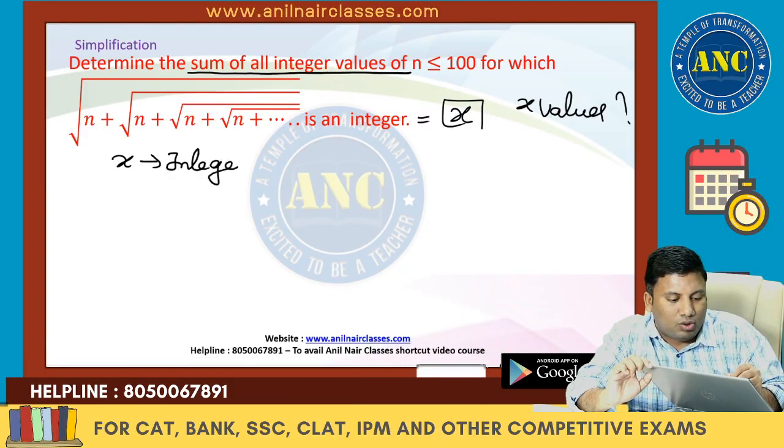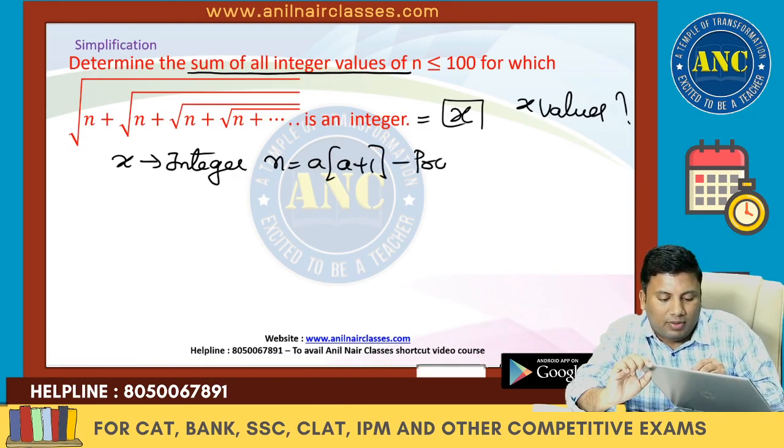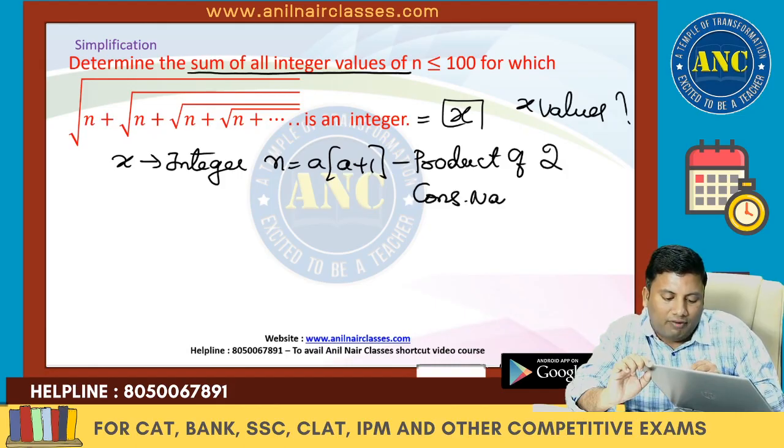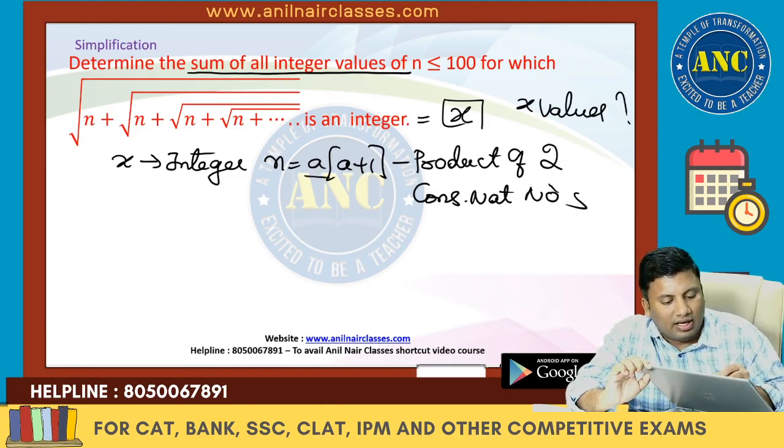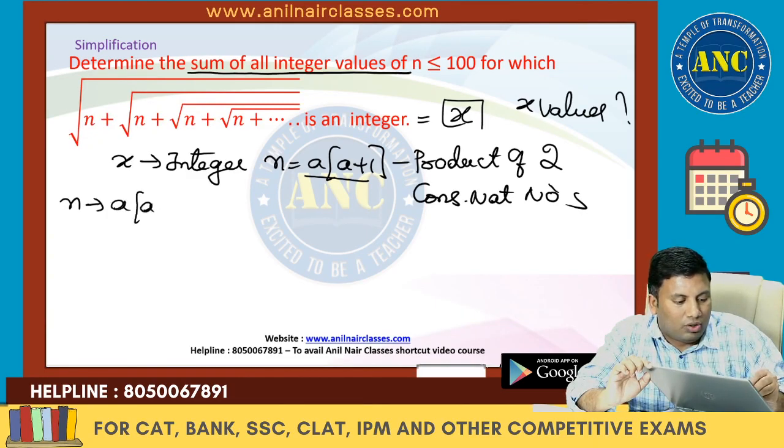For x to be an integer, n should be a product of two consecutive natural numbers. So n should be of the form a(a + 1).